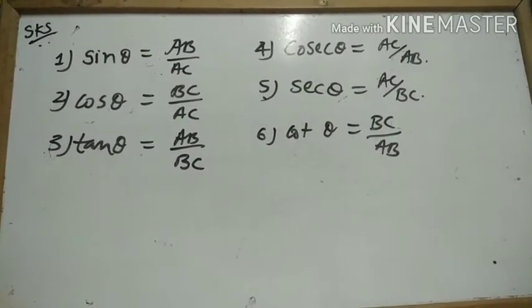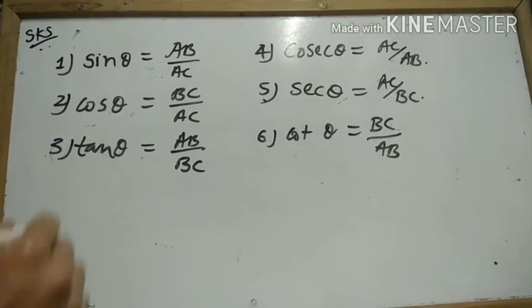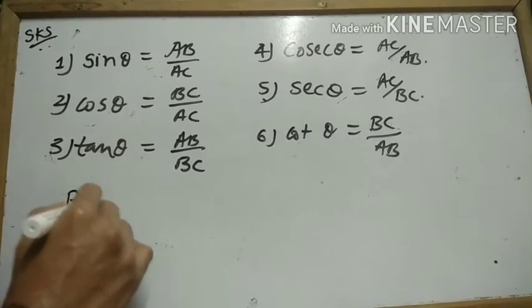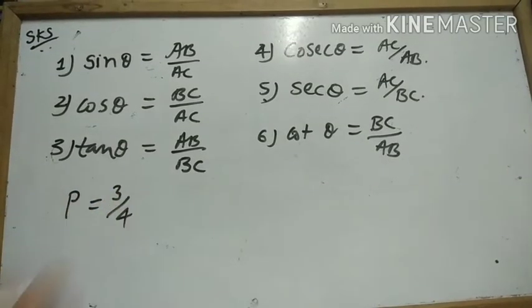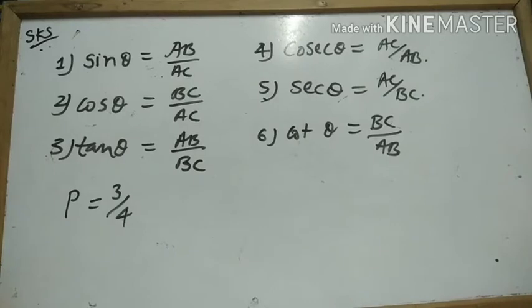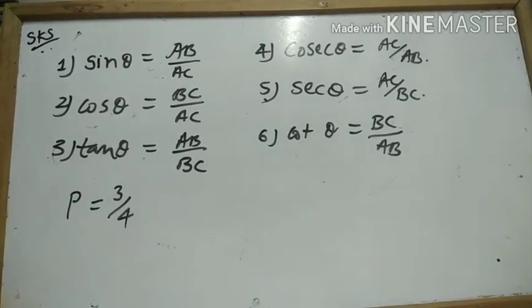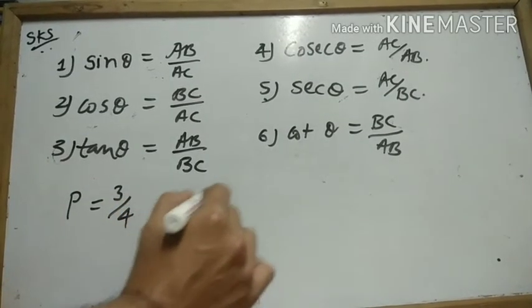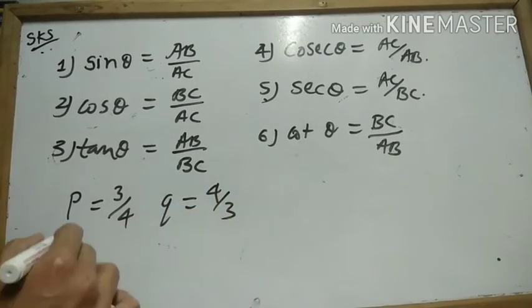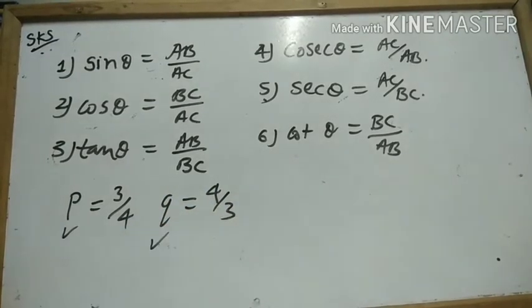Before explaining the next concept in trigonometry, I would like to ask you a few questions, and in fact I am trying to recall something. Suppose I have small p whose value is 3 over 4 and small q whose value is 4 over 3. What is the relation between p and q?